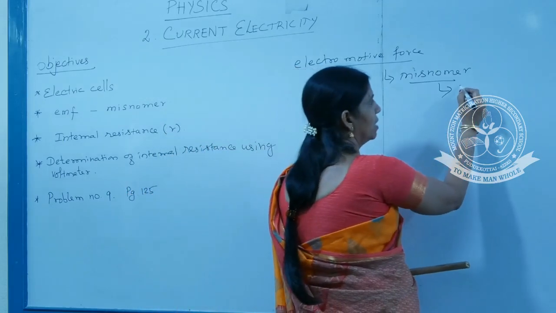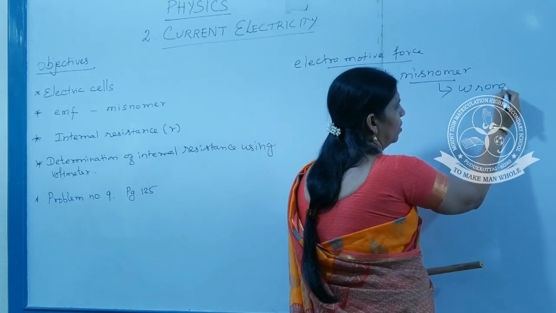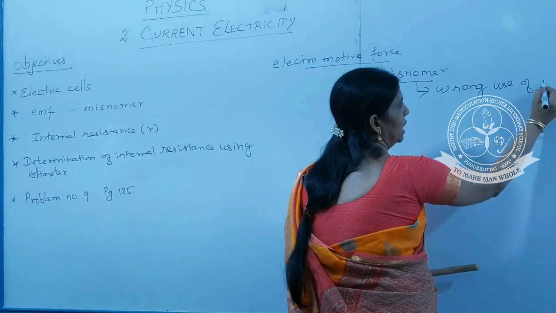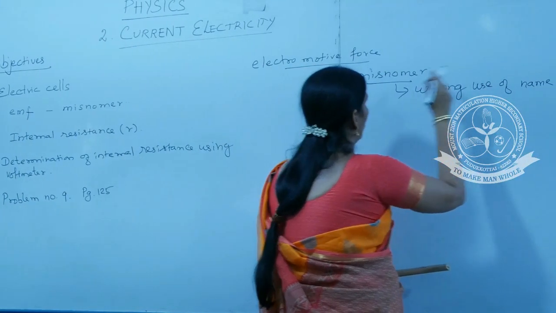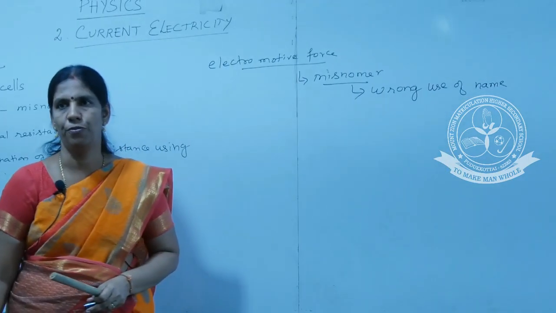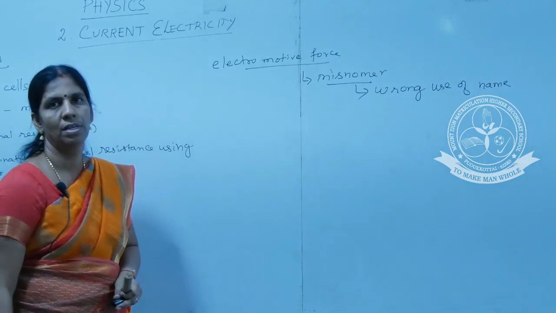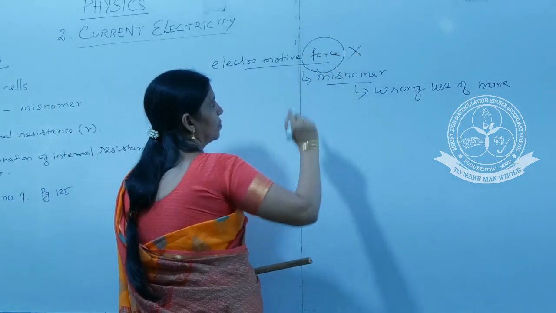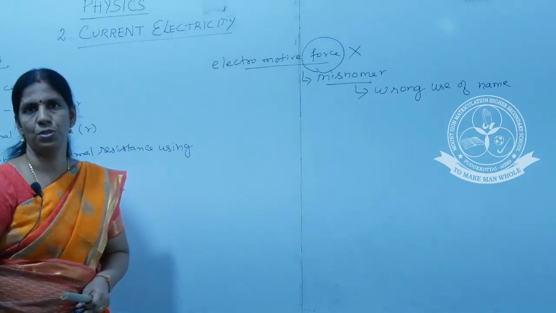The exact dictionary meaning of misnomer is wrong use of name. Why do we say this EMF, electromotive force, is a misnomer? Because it is not a force.